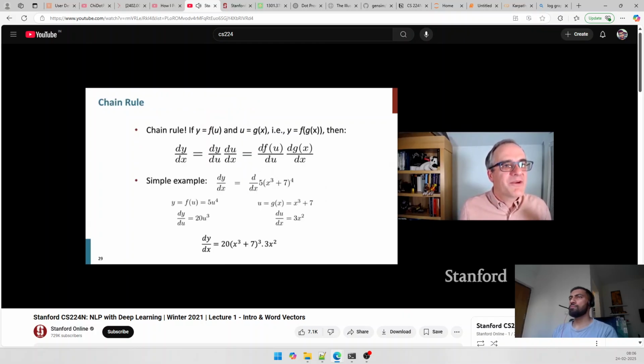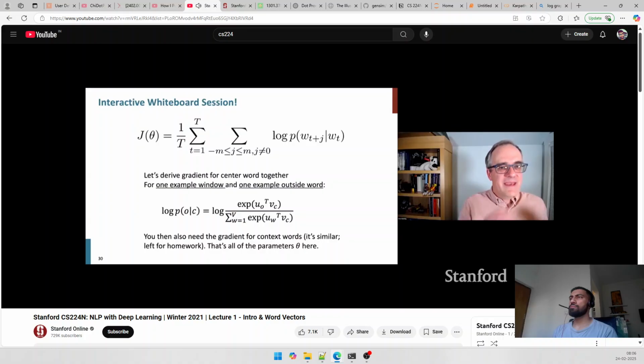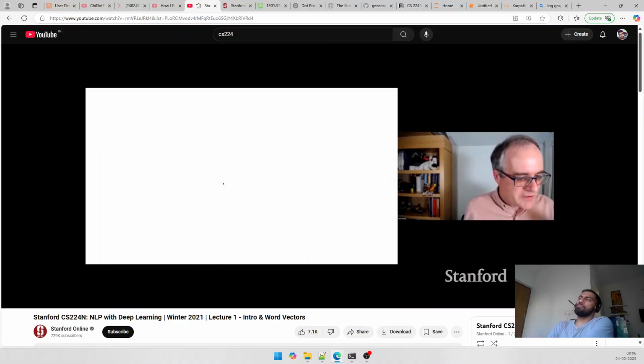A couple more slides here, but maybe I'll just move to my interactive whiteboard. What we wanted to do, right, so we had our overall J theta that we wanted to minimize, our average negative log likelihood.